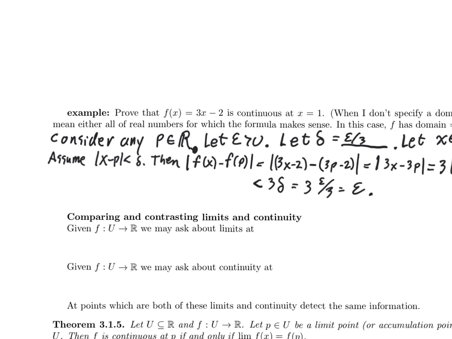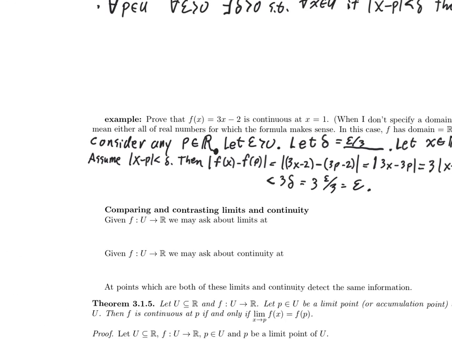So what have we done? We considered any p in R. So thus, for all p in R, and for all epsilon bigger than 0, there exists a choice of delta bigger than 0. Let's meditate on that for a second. Is this positive? Yeah, it's a positive divided by 3. It's positive.